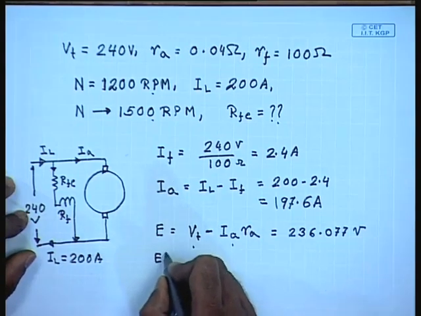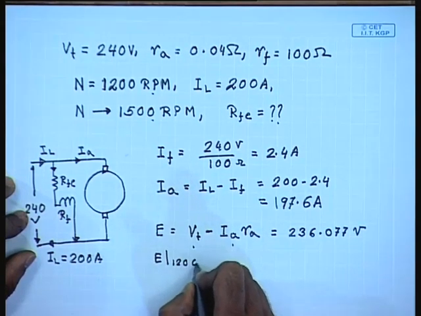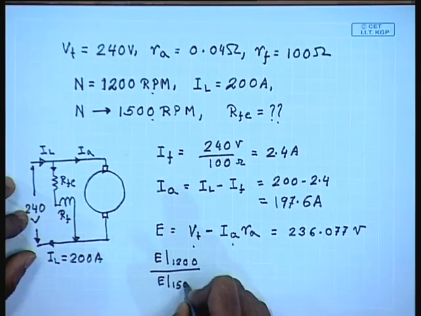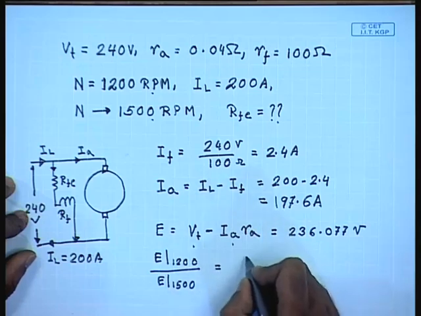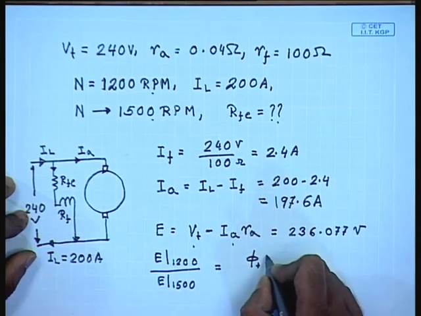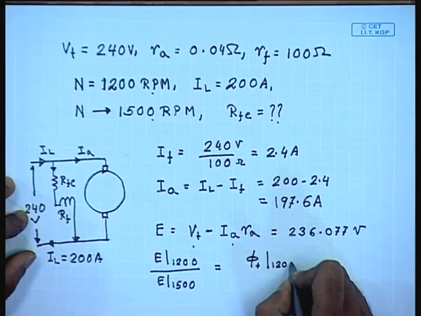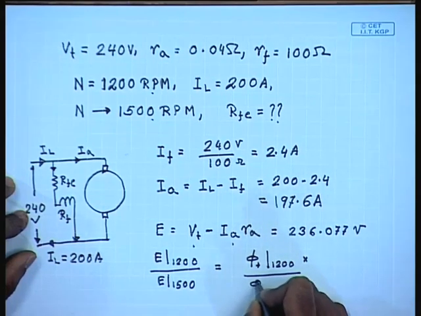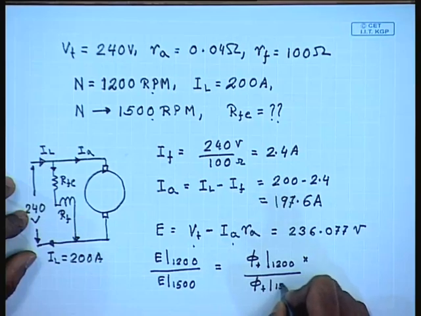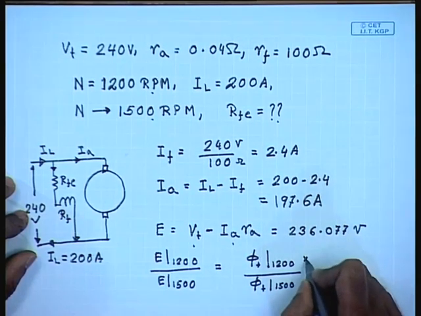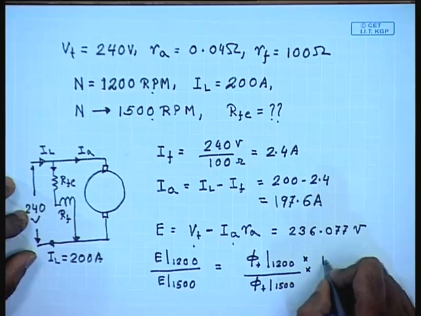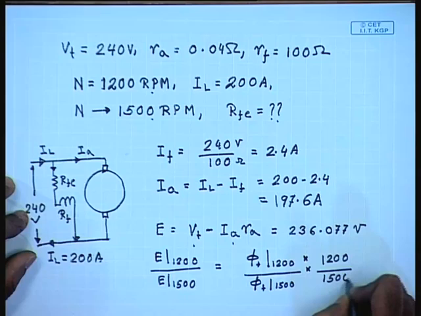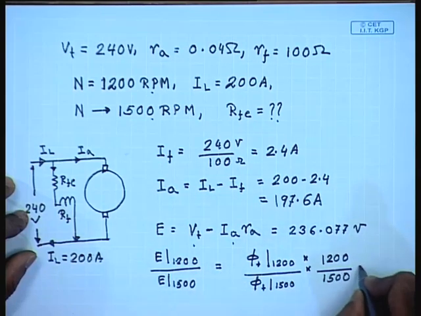So, E at 1200 rpm divided by E at 1500 rpm is equal to field flux at 1200 rpm into 1200, divided by field flux at 1500 rpm into 1500, but we know that these two E are the same.